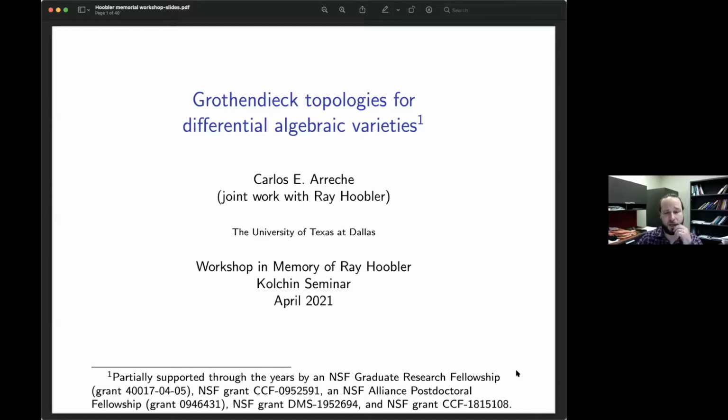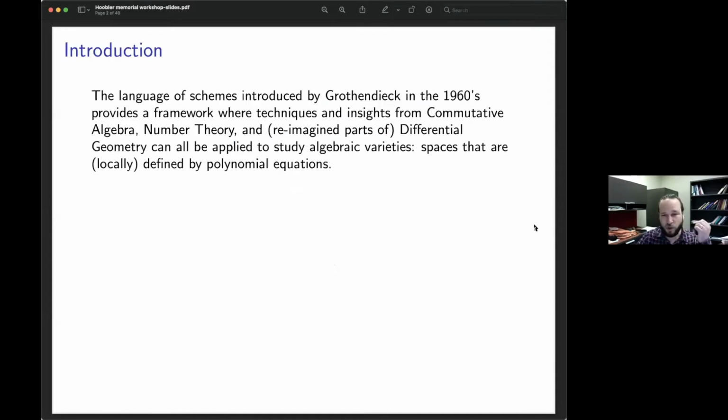So I want to begin with putting this work in historical context. People have been studying algebraic varieties for a long time, and these are just spaces that are locally defined by polynomial equations. And for many reasons, people care to understand solutions of polynomial systems.